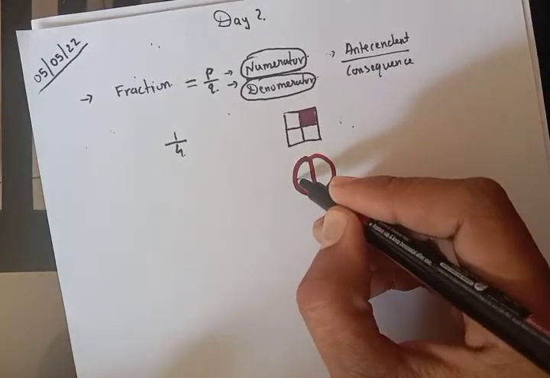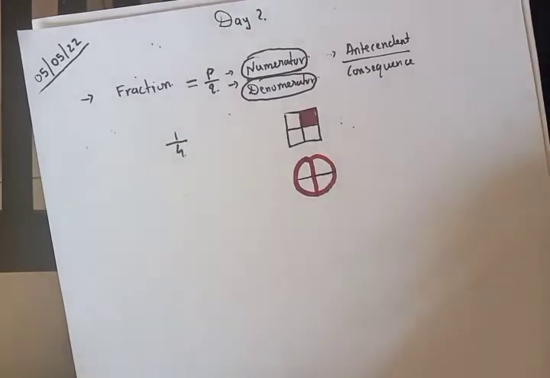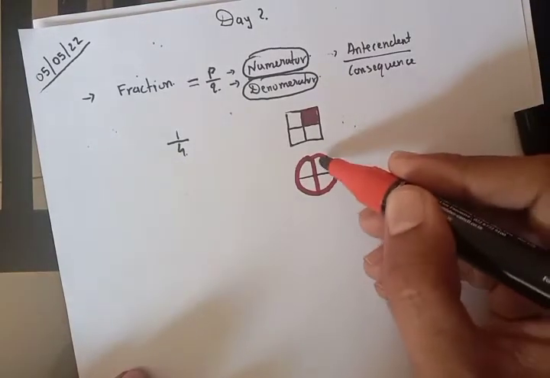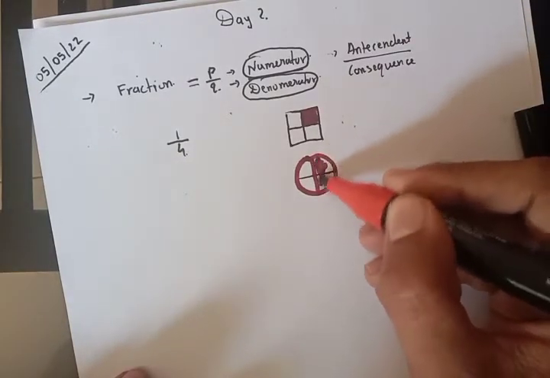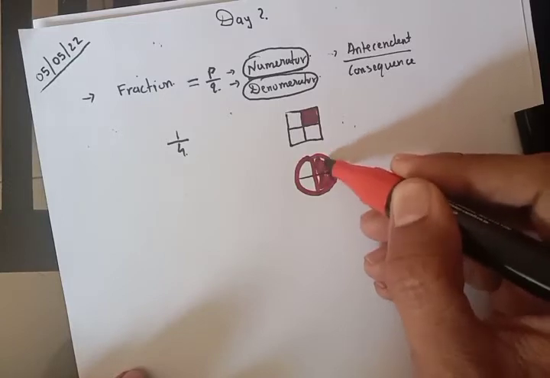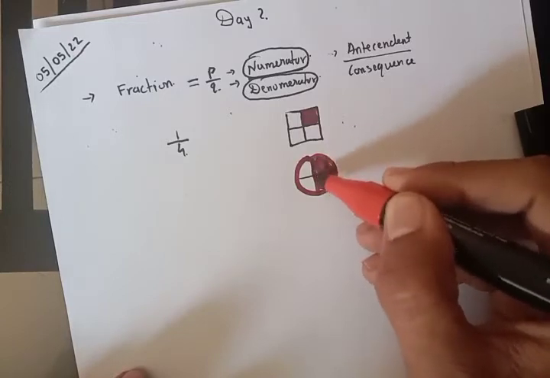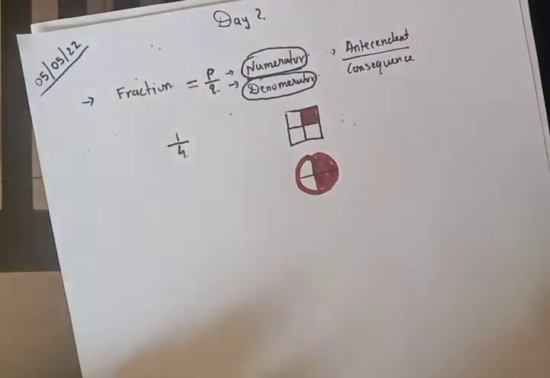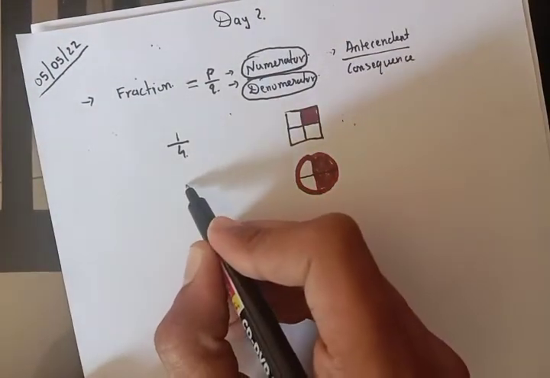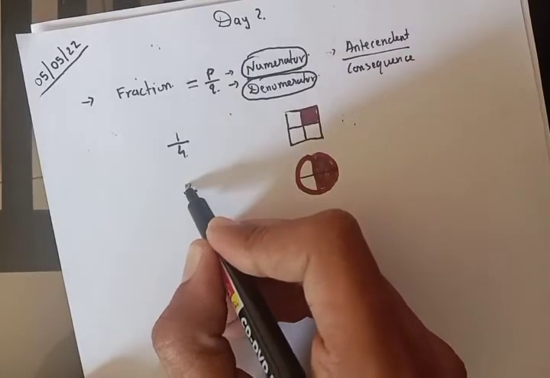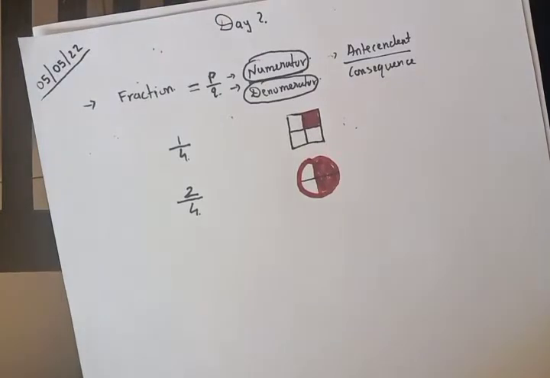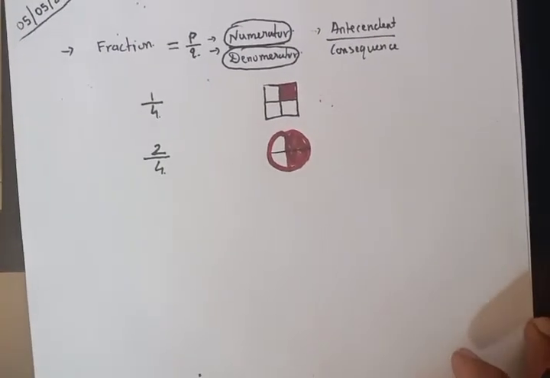Mummy has made 4 parts of one chapati, and from that, half, which means 2 parts, was given to your sibling and the remaining 2 parts were given to you. So the fraction of that will be 2/4. Likewise you can do it with any numbers.